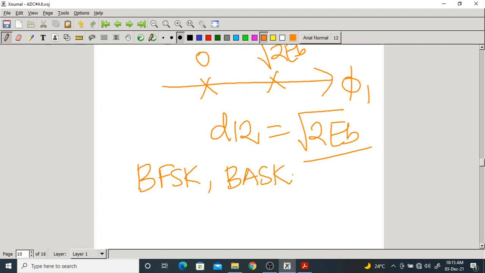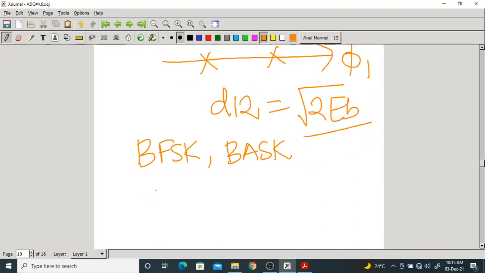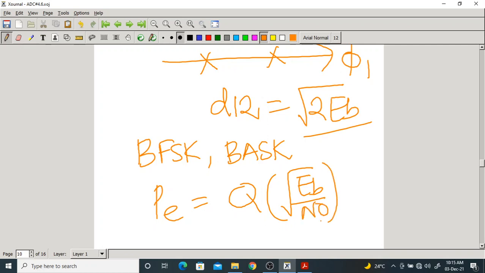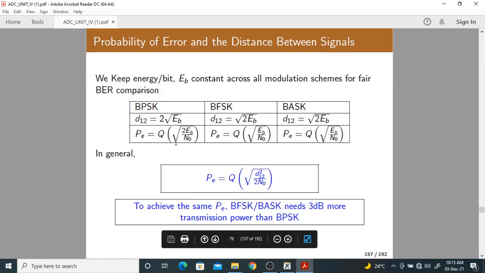Both have the same probability of error. So in this case, the probability of error is simply Q of root Eb by N0. So this is the probability of error of all three techniques.